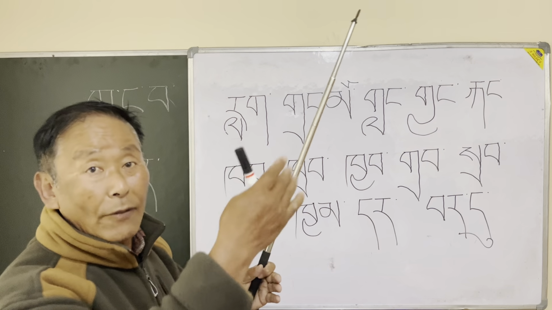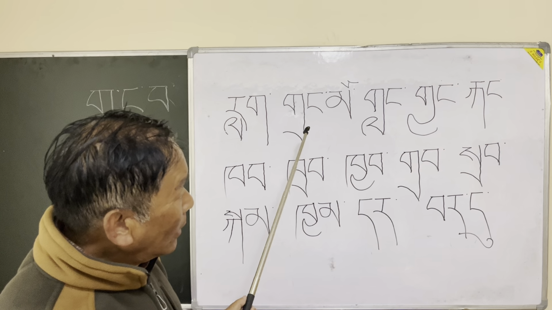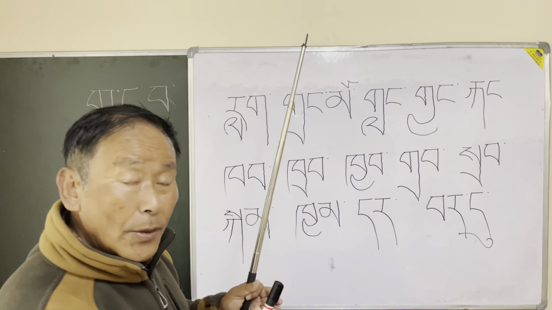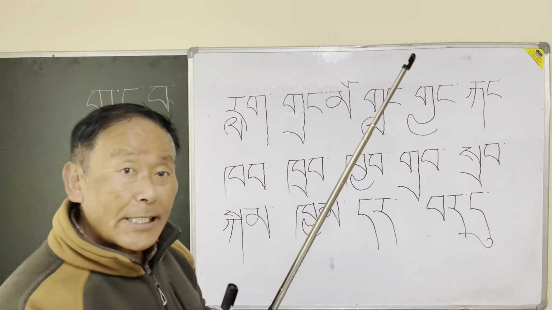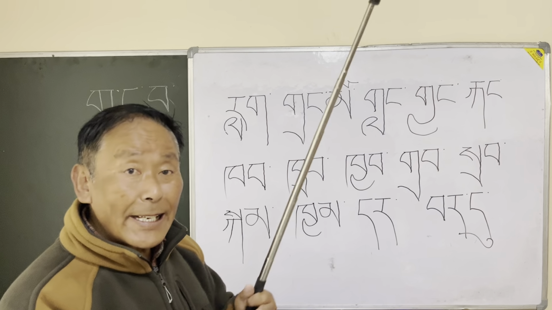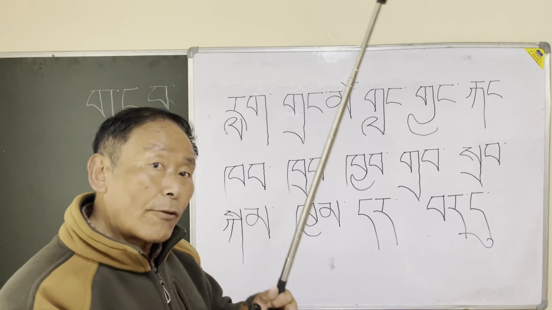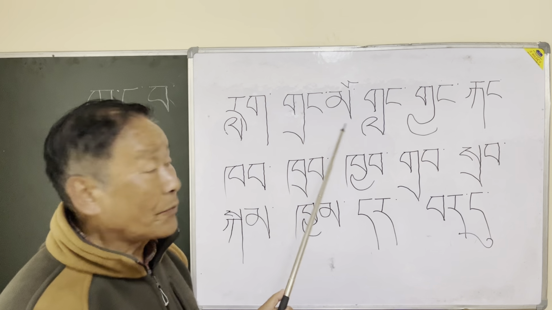This you have learned before. So if you are seeing this class for the first time, you will find it a bit complicated. It's better to start from the very beginning, and then you will find it very easy.